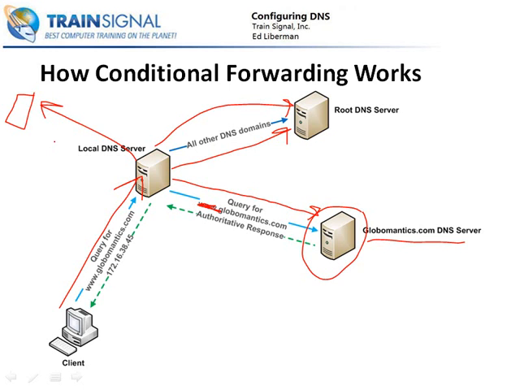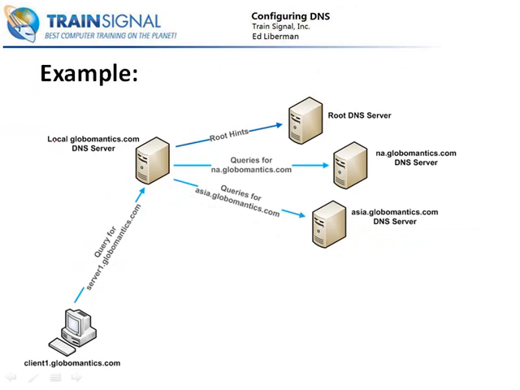Let's go take a look at an example of how this might work in the GlobalMantics network. In this example, we have a server here which is authoritative for the globalmantics.com domain. This particular DNS server has also been configured with a couple of conditional forwarders.